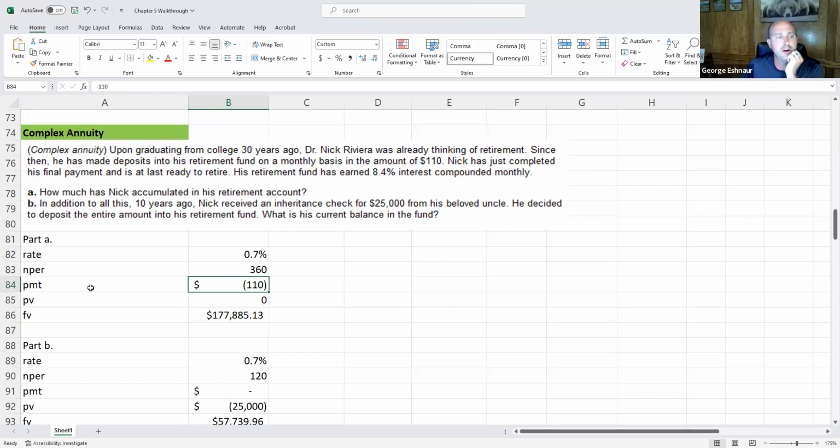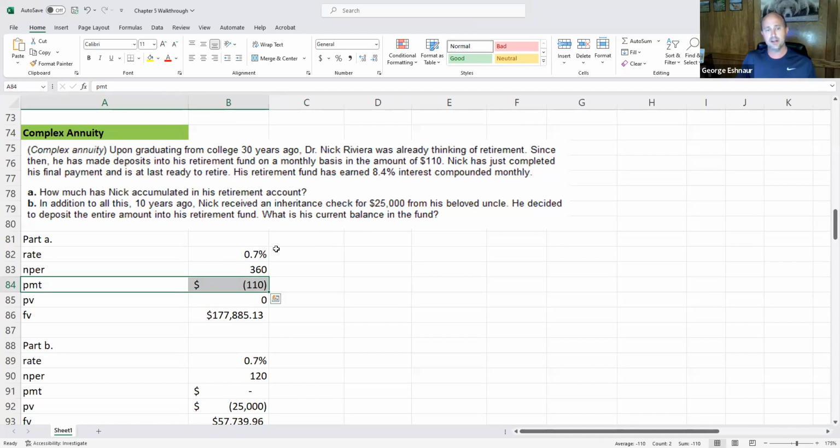So we've identified our monthly payment of $110. And again, it's a cash outlay. He just completed his last payment. He's ready to retire. His retirement fund earns 8.4% interest compounded monthly. So how much has Nick accumulated in his retirement account?